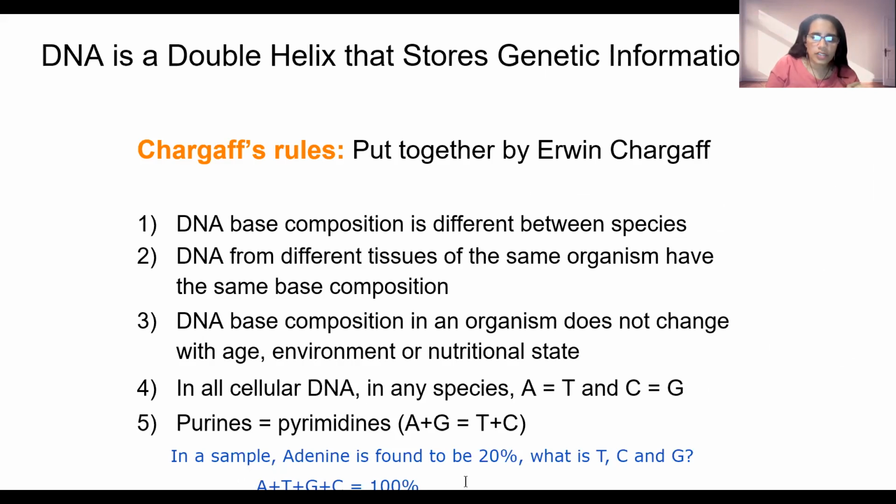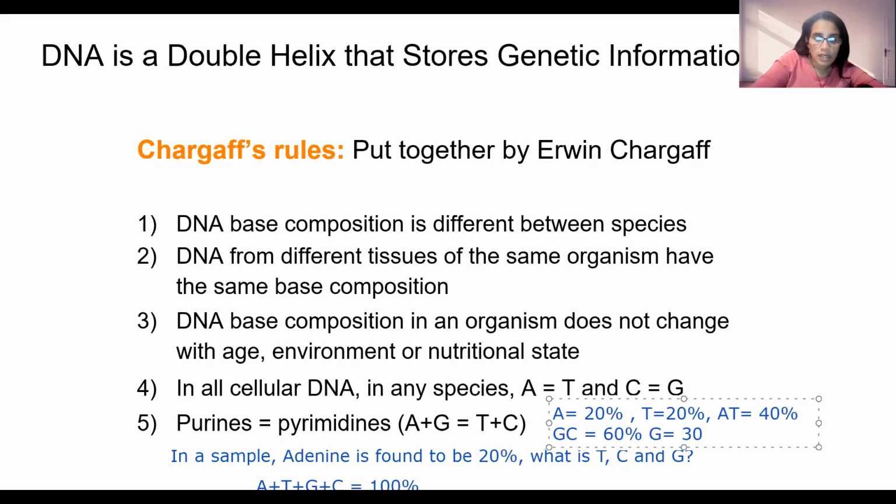They also guessed that if A is 20%, then T has to be 20% because they pair together. So however much A, that much is T. Now, what about G and C? All of them should be 100. AT is 40%, which means the GC will be 60% combined. So half of it, G, is 30%, and the other half, C, is also 30%.